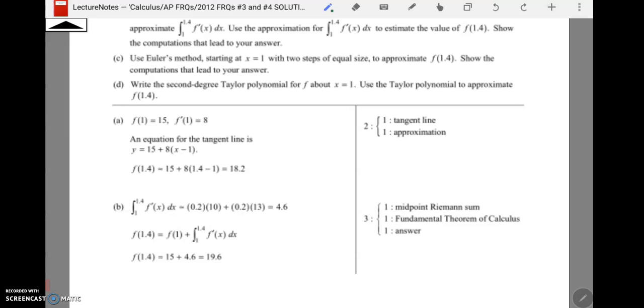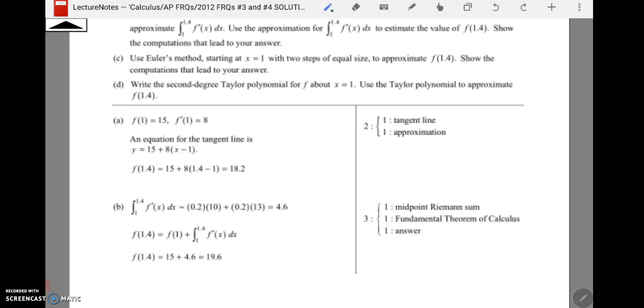The Riemann sum was 1 point, just for getting this sum. And you get a point for recognizing you need the fundamental theorem of calculus. They wrote it kind of backwards here; you could write it the way I did, with the integral equals f of 1.4 minus f of 1, and then you add the f of 1 over to solve, which is the last point, the answer.